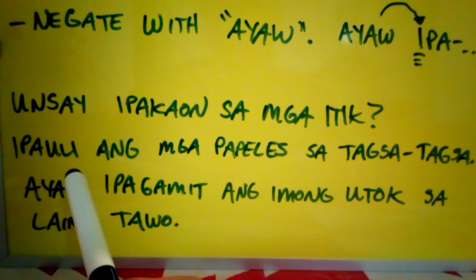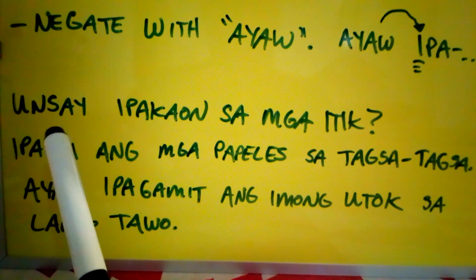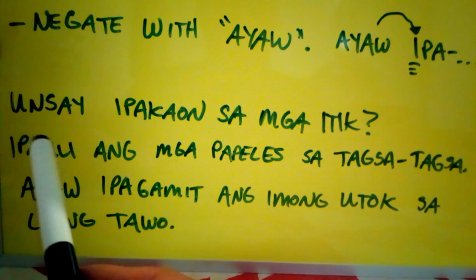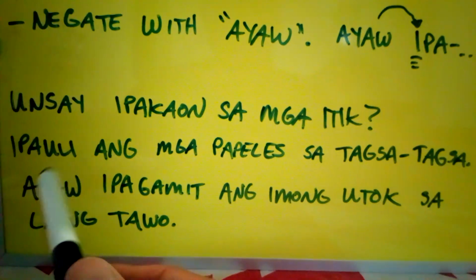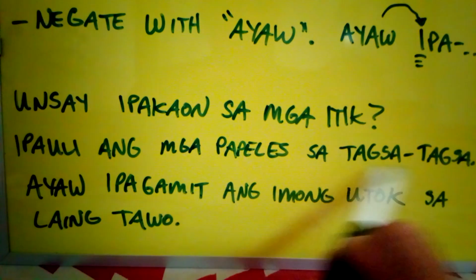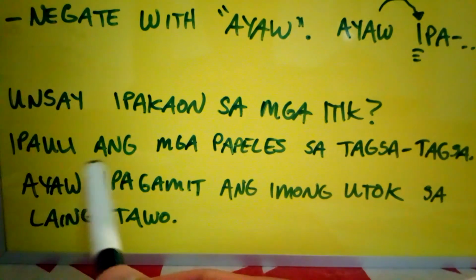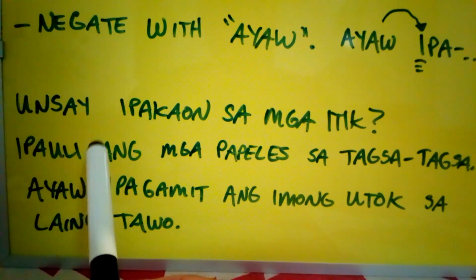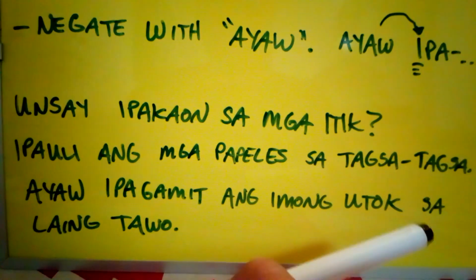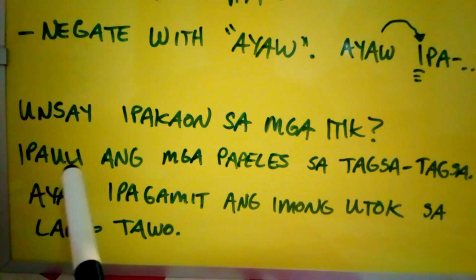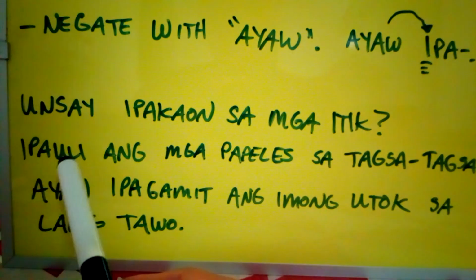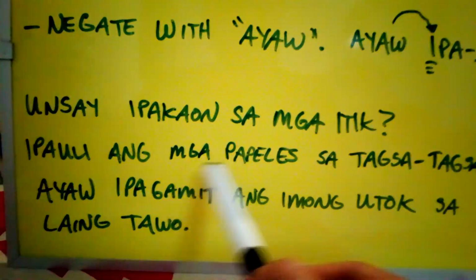Because this verb uli means to go home or to return home, or to return something somewhere, to a place of origin. So in this case, return the papers to each and everyone. Because this verb is ditransitive, you can return something to somewhere or to someone. We're returning object one to object two.